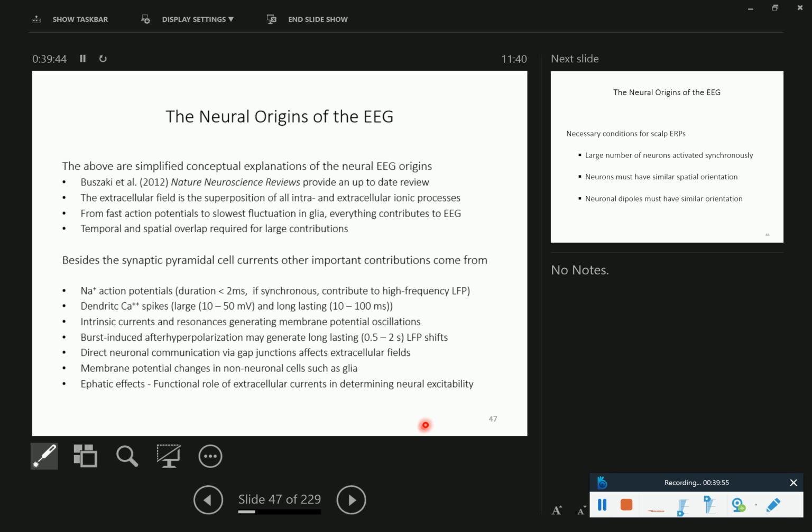If you read this review, there are more things that contribute to EEG, and specifically the extracellular potentials. Things like, to a certain degree, maybe action potentials, dendritic calcium spikes, and also direct neural communication via gap junctions.